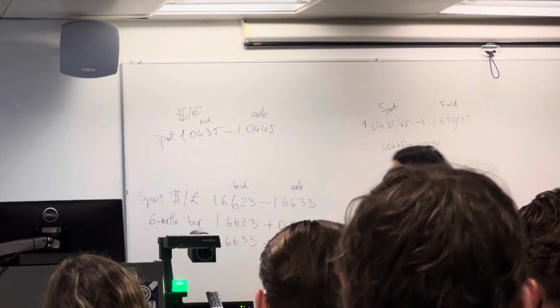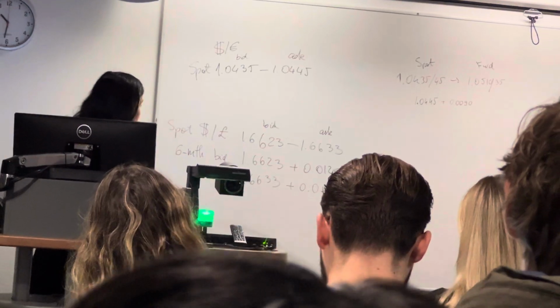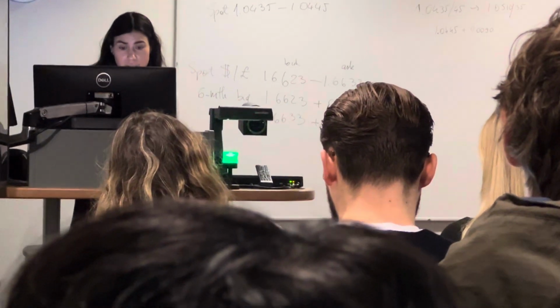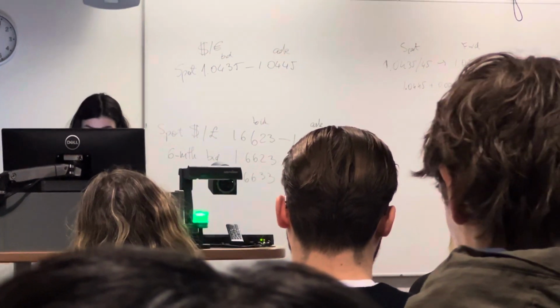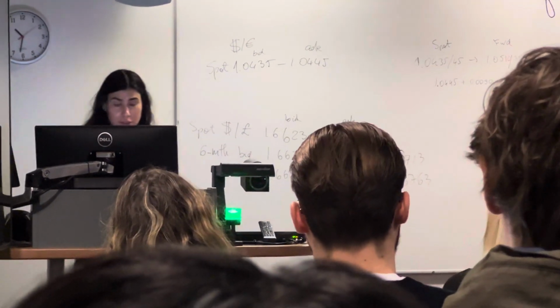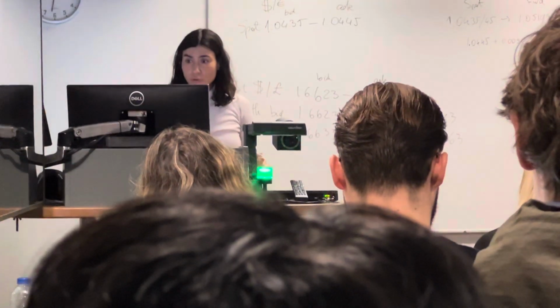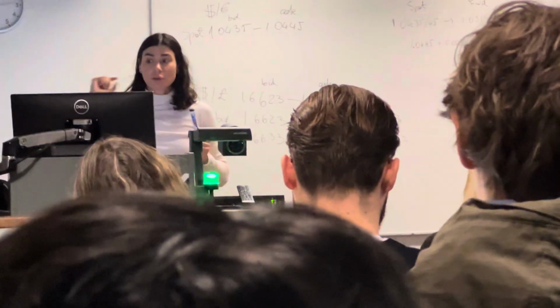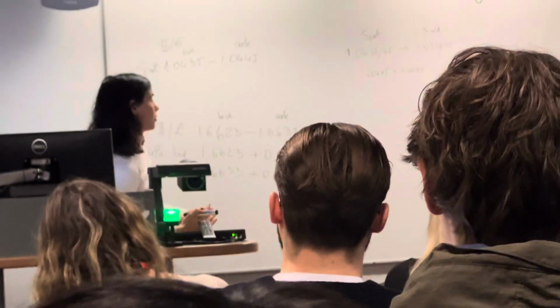Yes. So now this is the pound. The pound is the denominator. And where is the coefficient? So what price would you quote if the customer wants to buy pounds? The ask, because we would sell pounds.